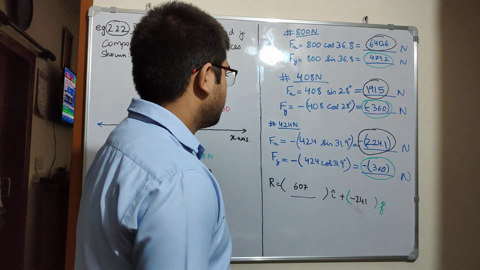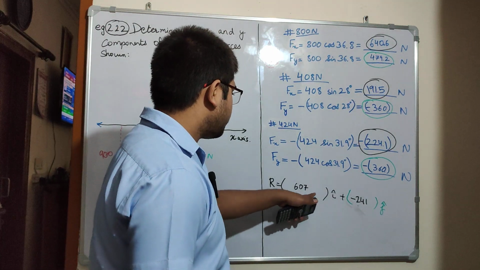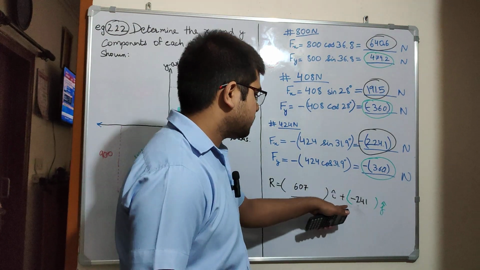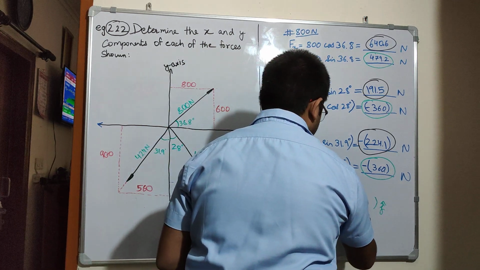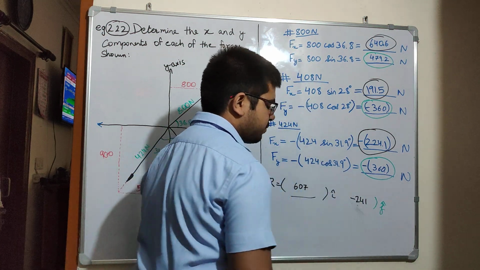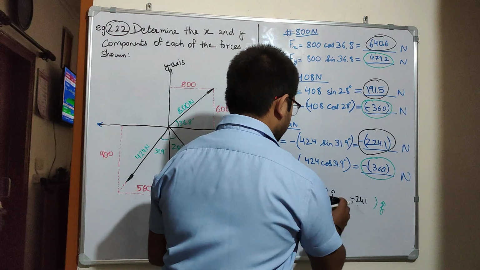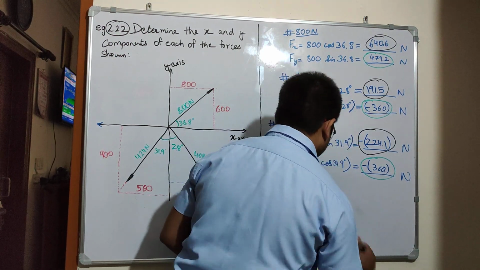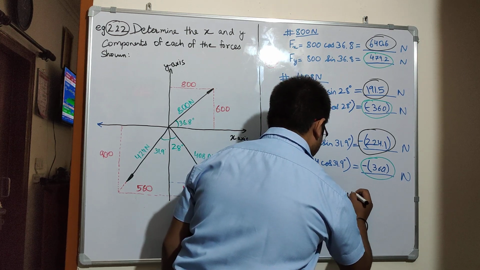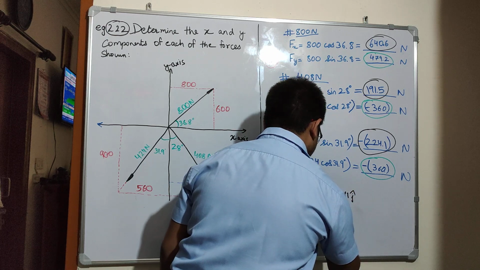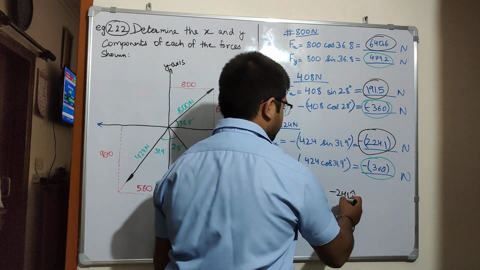They both are the same. So the resultant is 607 I cap minus 241 J cap.